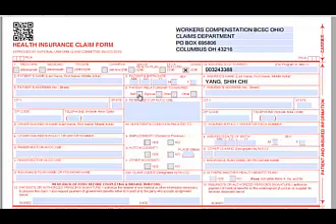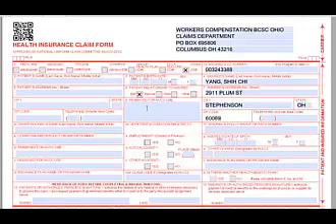The patient's relationship to the insured would be self, and then we would put in the insured's address here. And we would leave the telephone number blank.